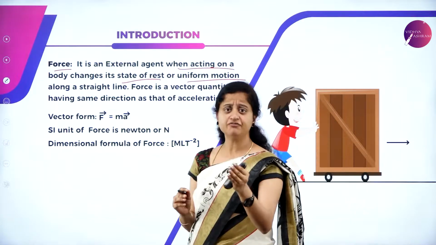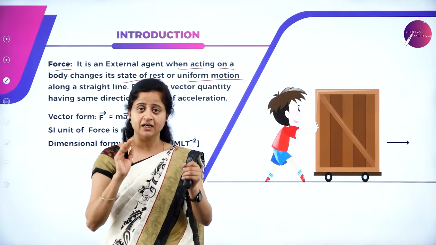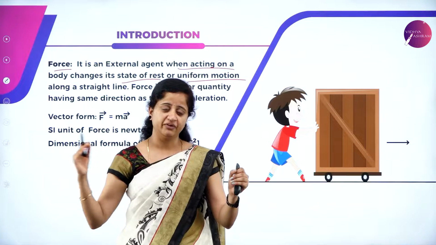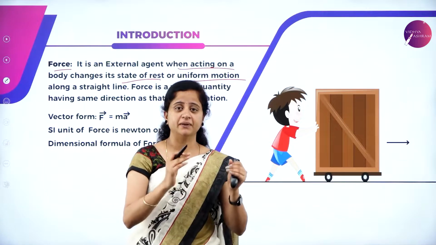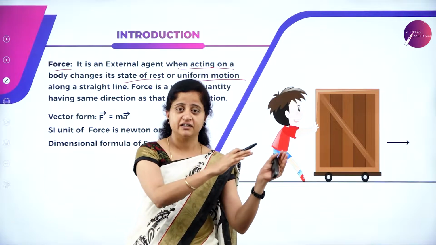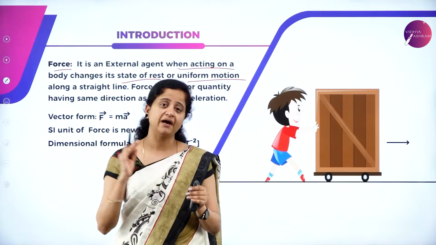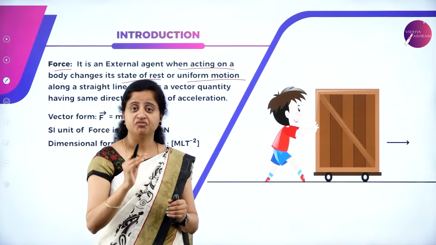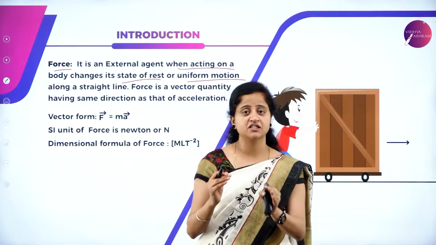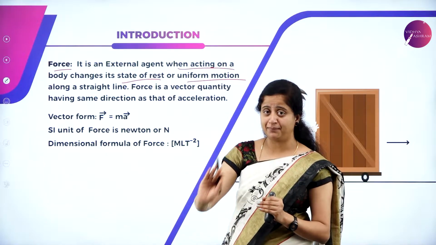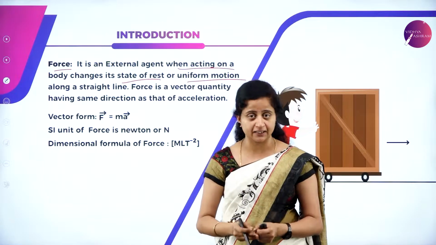Which means what? If an object is in a rest position, with no motion, if we want it to be moved, we have to apply external force. Or if we want to bring the body from a state of motion to a state of rest, we have to apply force. For example, a vehicle which is moving, to bring it to a rest position, we will apply brake, which means we are applying external force to stop the vehicle.